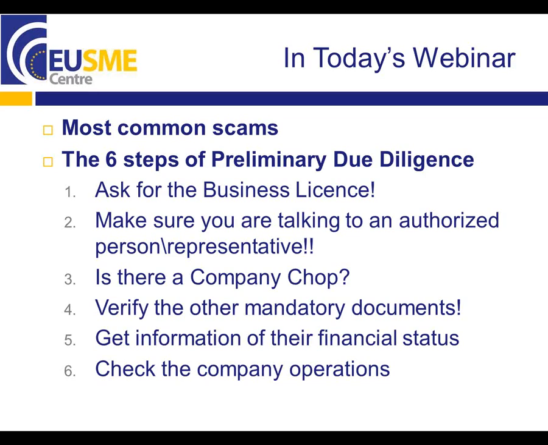We will touch on the importance of the company chop, and mention a few other mandatory documents which each Chinese company shall possess. We will share with you what information you can learn about the financial status of the company, and as well about the operations.